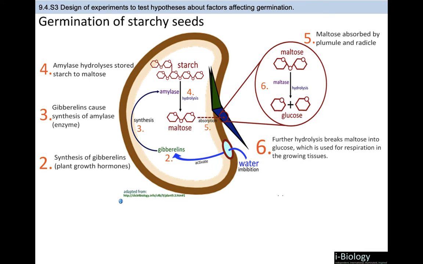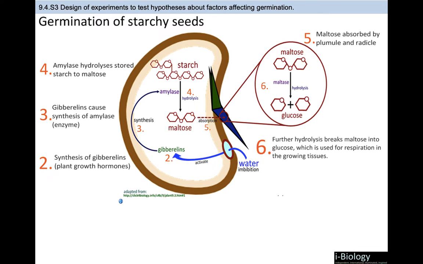Okay, so this is a process you definitely need to be able to describe, and it's the steps for seed germination. The first thing that's going to happen is water is going to enter the micropyle and go into the seed in a process called imbibition. What the water will do is activate and synthesize gibberellins, which is a plant hormone involved in cell elongation and division. Gibberellins are going to cause a synthesis of amylase.